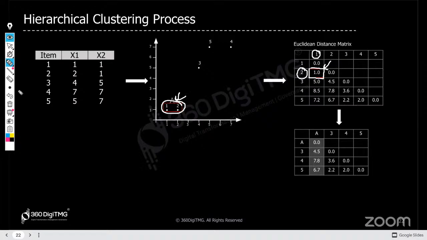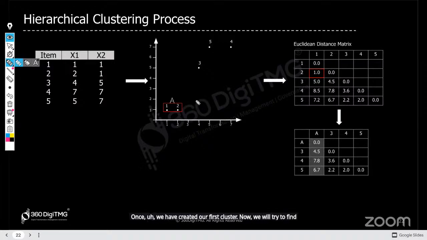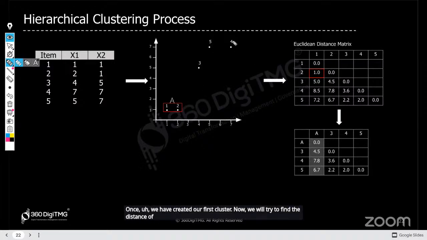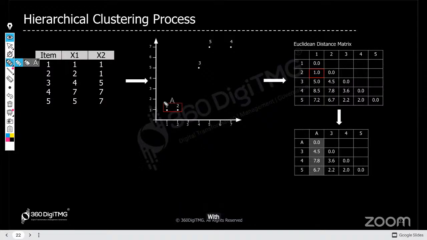After that, once we have created our first cluster, we will find the distance of all the other data points with this cluster. And we will consider the shortest distance, not the farthest one.